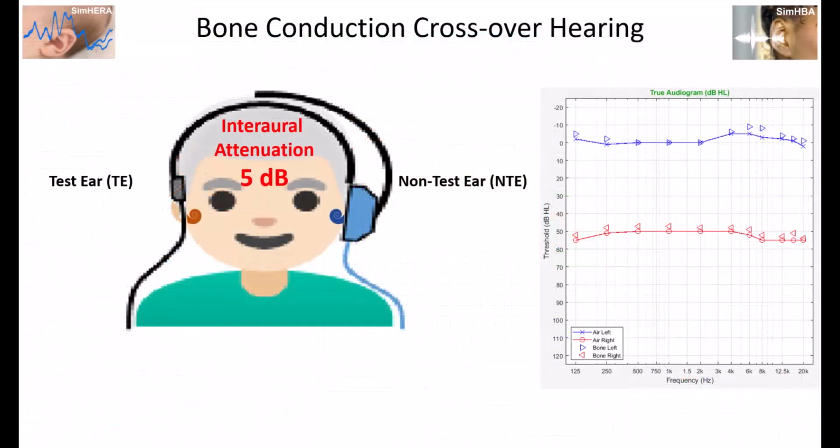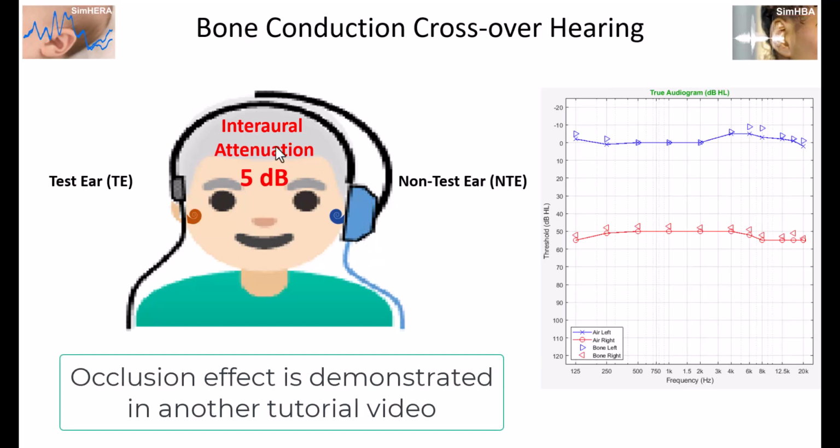So now we're back to looking at bone conduction crossover hearing. We have now on the test ear, or right ear, a bone oscillator on the right mastoid, and we have a supraaural TDH headphone in the left, non-test ear because we're going to be needing to apply masking. And that is because the interaural attenuation is 5 dB for the bone oscillator.